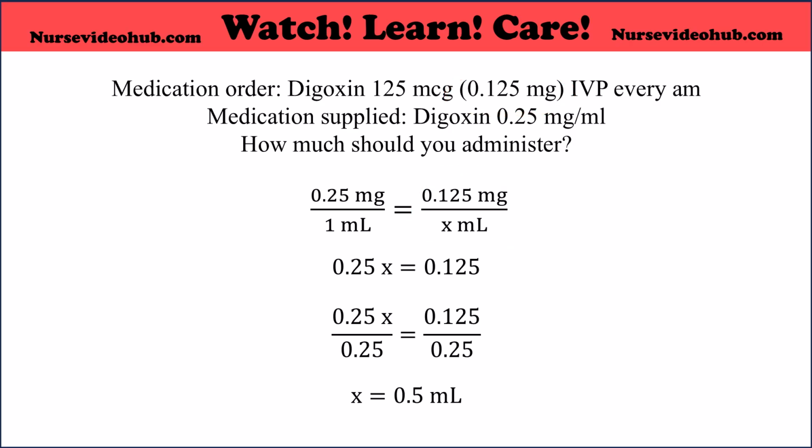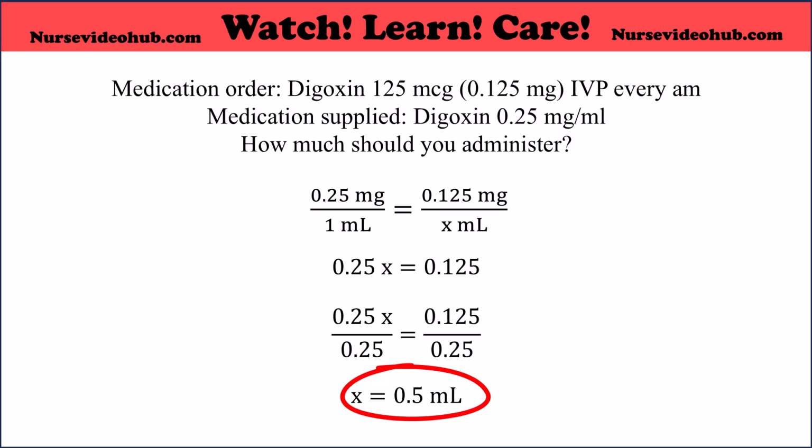Solve for the number of milliliters by cross-multiplying, 0.25 times x, 0.125 times 1. This results in 0.25x equals 0.125. Divide both sides by 0.25 to solve for x. X equals 0.5.